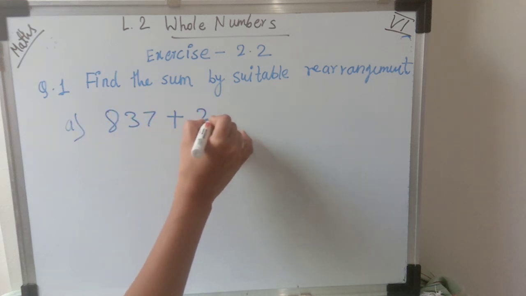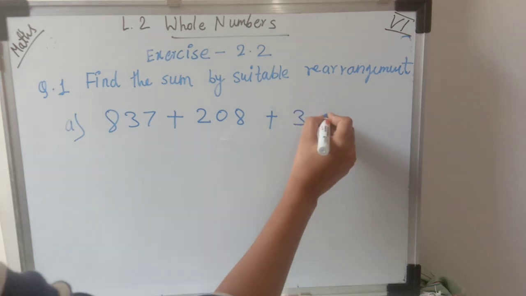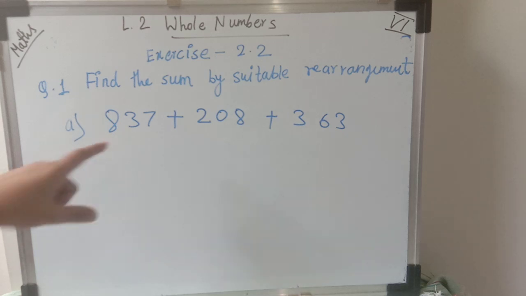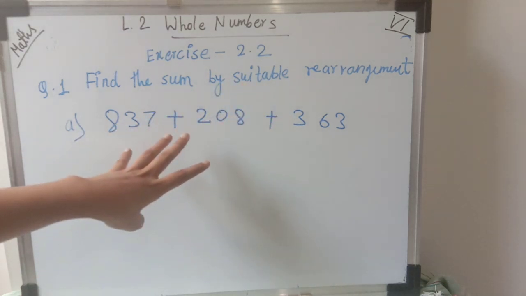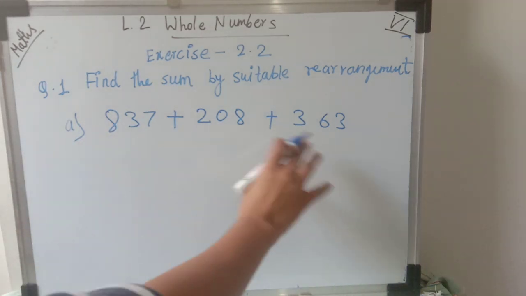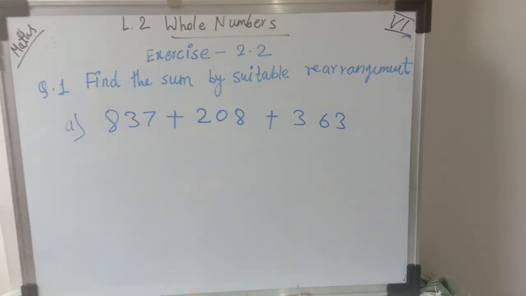837 plus 208 plus 363. Now, as I told you before, students, here we have to change their arrangement. Means if we add these two, then we have to change their places.